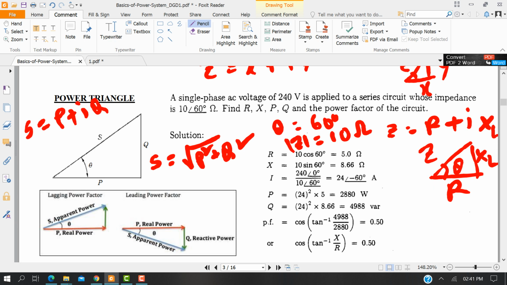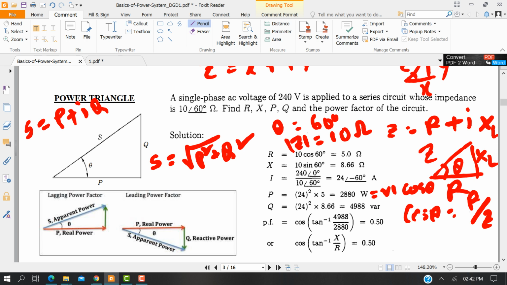Now what is cos theta? Cos theta can be written as R by Z. So here R equals Z times cos 60 degrees, which is 5. Similarly, sin theta equals XL by Z. So the current can be found from this, and P can be expressed as I squared R. You can get the same result if you put VI cos theta, because every value is known.